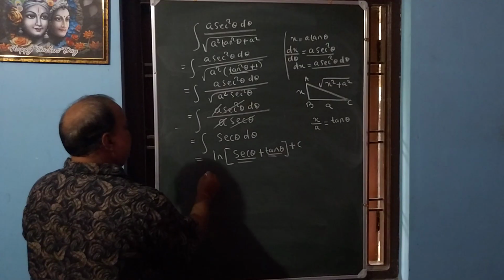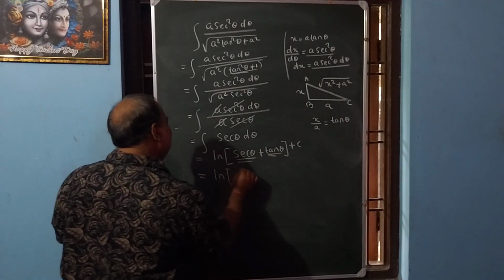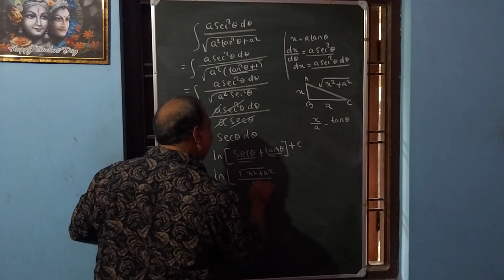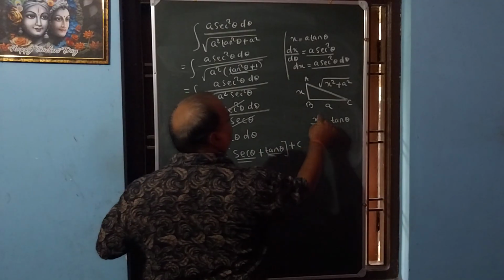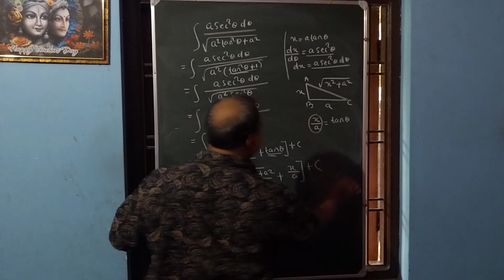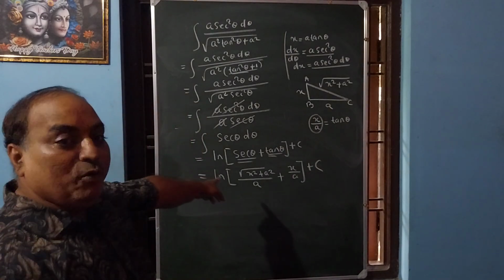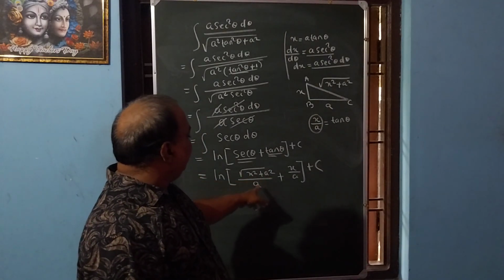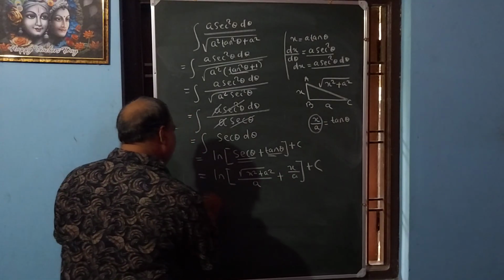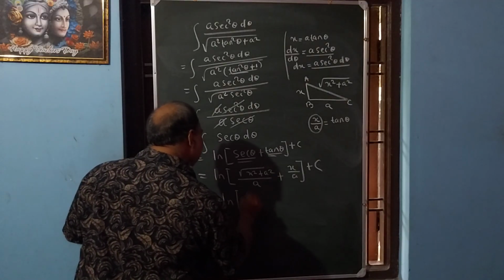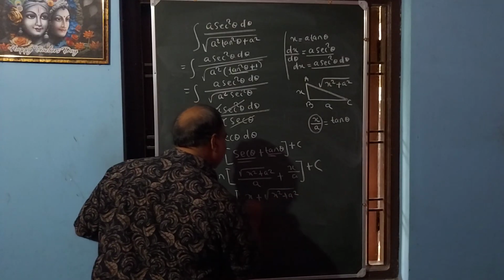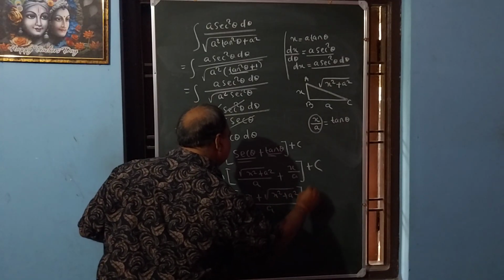So we get ln of root over x square plus a square by a, plus in place of tan theta we put x by a, plus c. In place of sec theta we put root over x square plus a square divided by a, plus x by a. Now you have to take the LCM. We take LCM: ln of x plus root over x square plus a square divided by a, plus c.